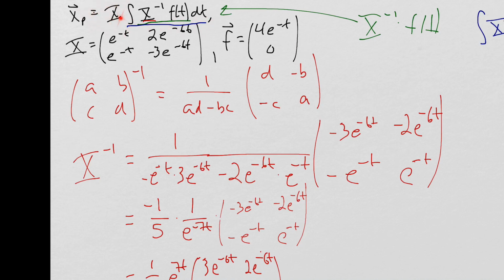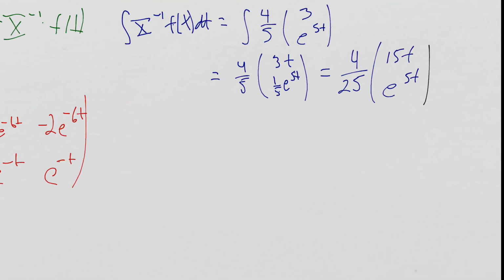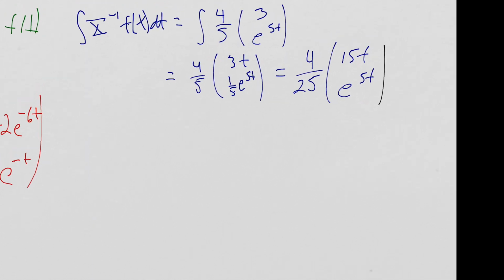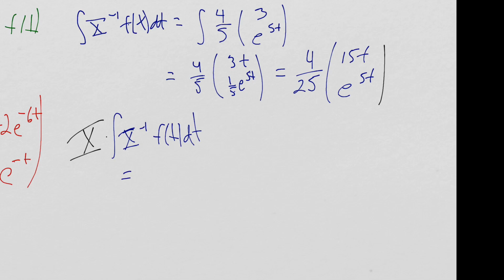All I got to do is multiply it by x on the left side. So I need to do x times the integral of x inverse f of t dt. Well, what was x?